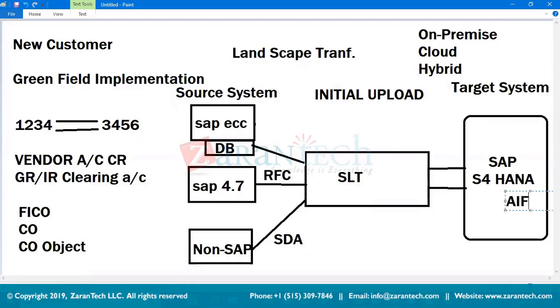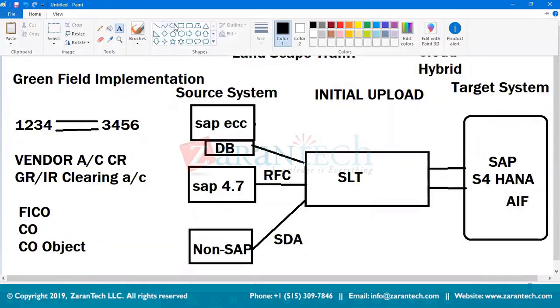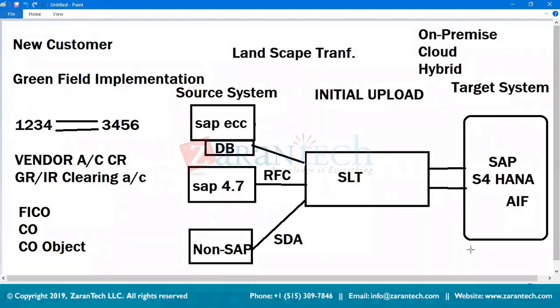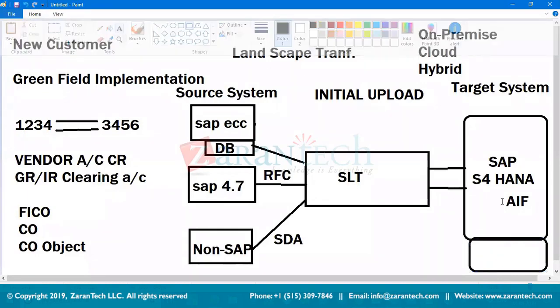Once the error corrections are done and there are no errors, SAP will go and post the transaction in the SAP HANA database. So if you see here, this is the database.